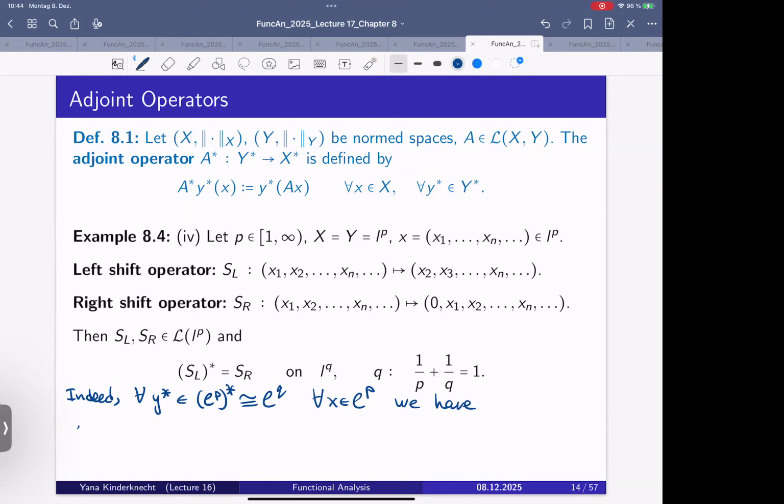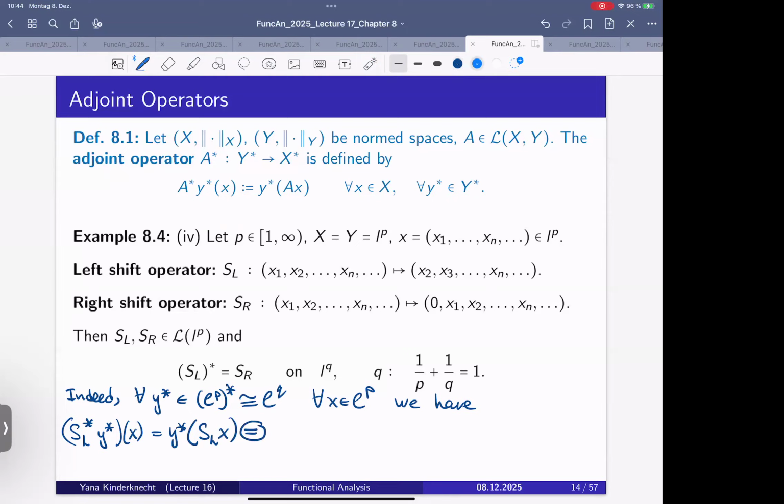I'm interested in the adjoint to SL. So SL star evaluated at y star, this is then at the point x. As it's written here, it should be given by the right-hand side. So it is y star at the point SLx.